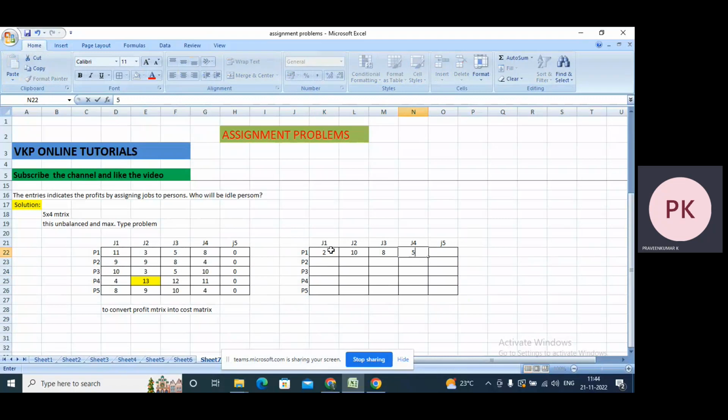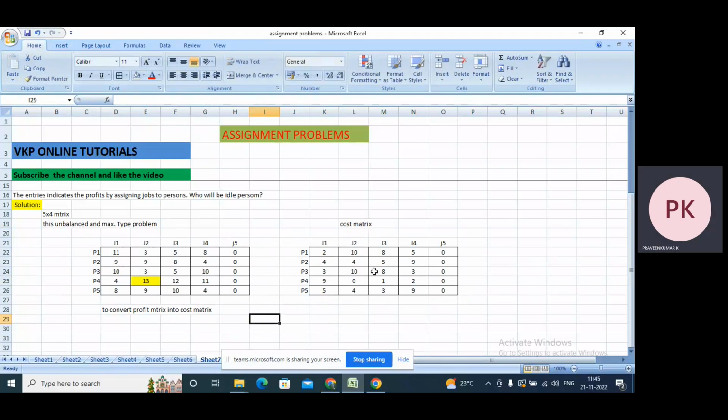Similarly, this becomes 5, this becomes 0, then this becomes 0, this becomes 9, this becomes 5, this becomes 4, and this becomes 4, then this is 3, this is 10, this is 8, this is 3, and this is 0, then again 0, then this becomes 2, this becomes 1, this becomes 0, then this becomes 9, then 5, 4, 3, 9, 0. So now this is the cost matrix.